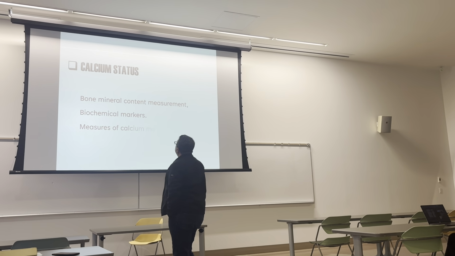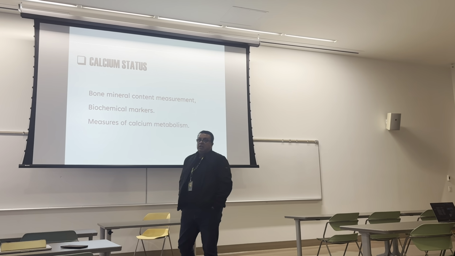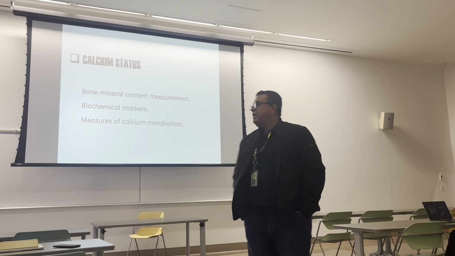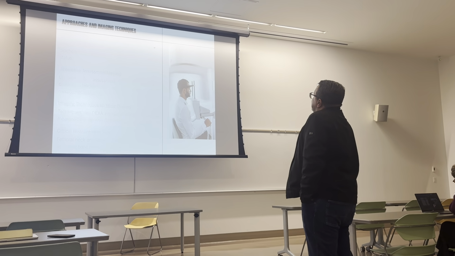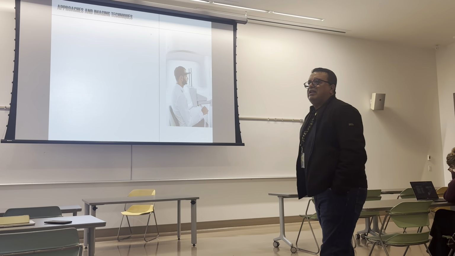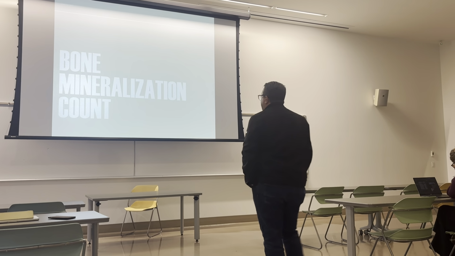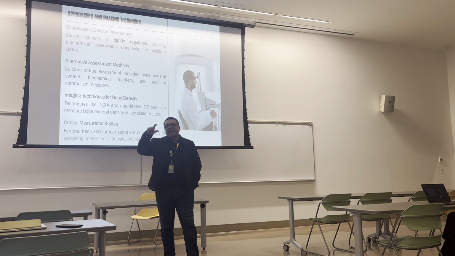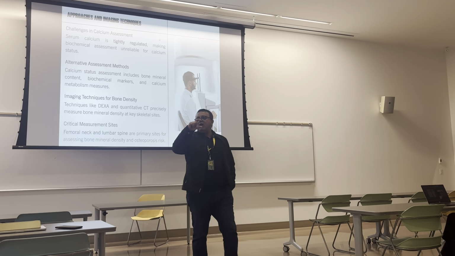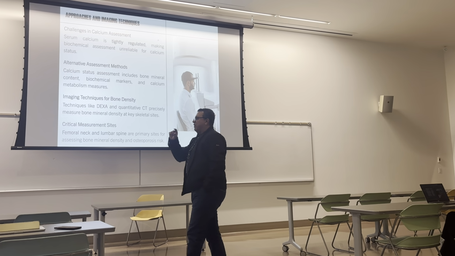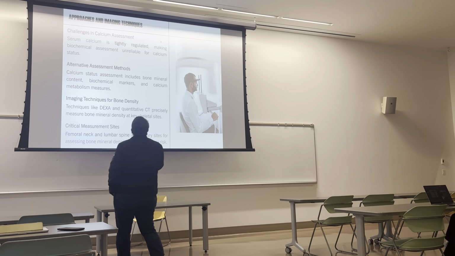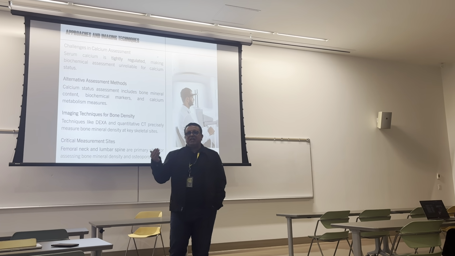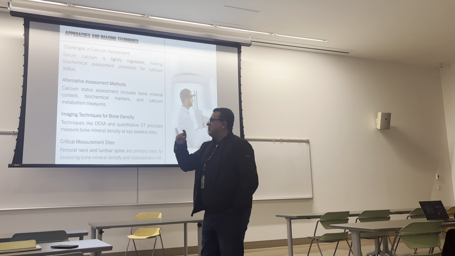So let us jump to the calcium. Calcium is a different story. It is usually tightly regulated and maintained within a very narrow limit. In milligrams per deciliter, it is 8.5 to 10.5, which is very narrow.